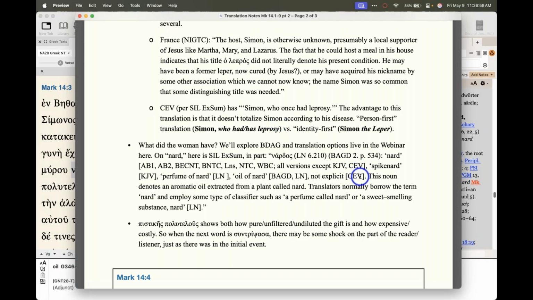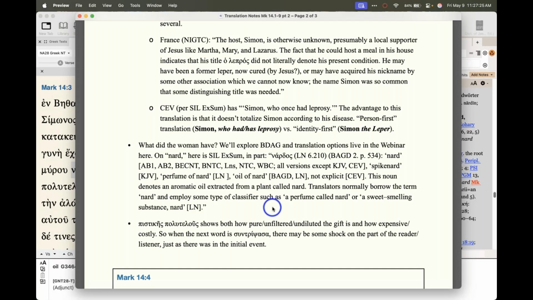You'll see something like this in the SIL Exegetical Summary Series 2. You've got nard, spikenard, perfume of nard, oil of nard. This noun denotes an aromatic oil extracted from a plant called nard. Translators normally borrow the term nard and employ some type of classifier, such as a perfume called nard or a sweet smelling substance, comma, nard.